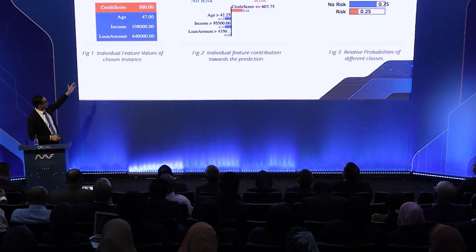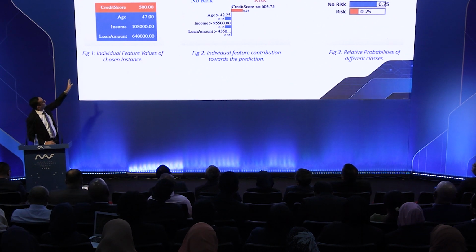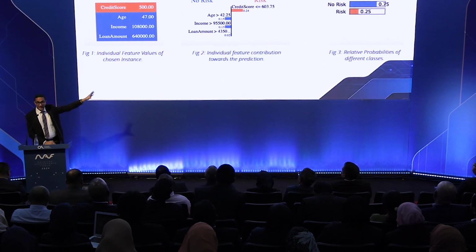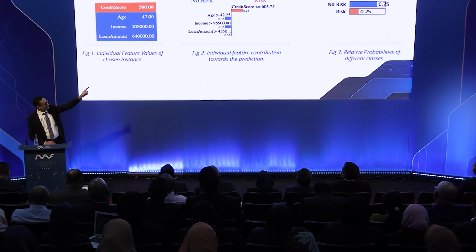On the left side, you have what the model is saying. The model is saying no risk. Then what LIME is saying is what is there in figure 2. LIME is saying that there is risk because the credit score is less than 600, as per the linear regression model which LIME picked in this case.